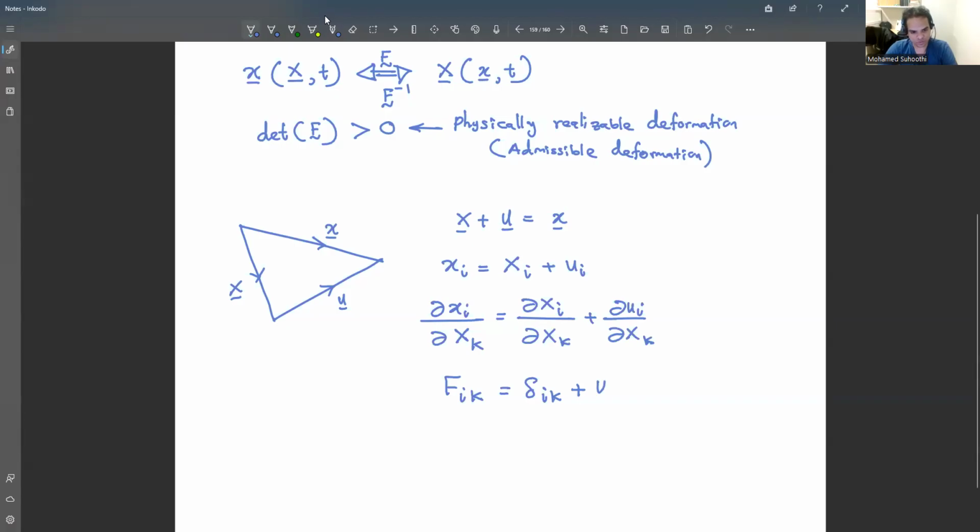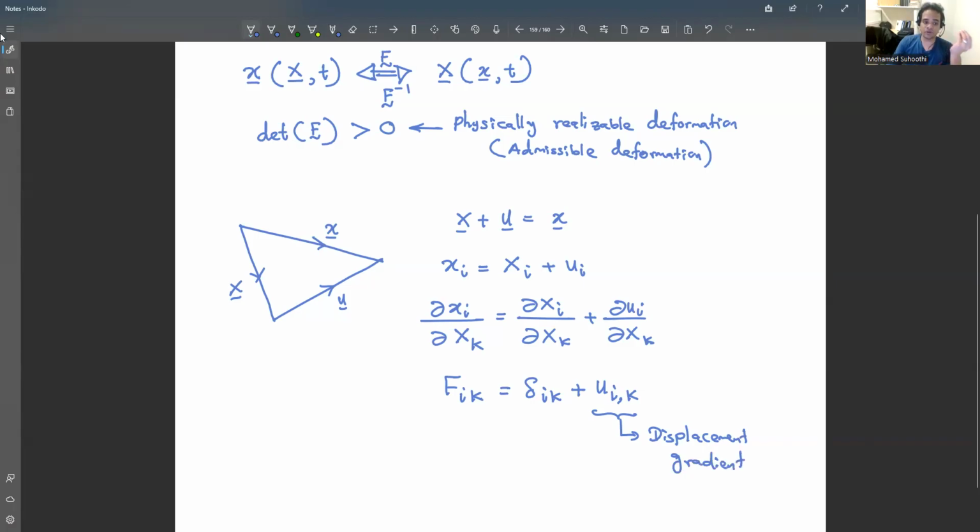That means u_i,K is something we discussed already, right? So this is called the displacement gradient.